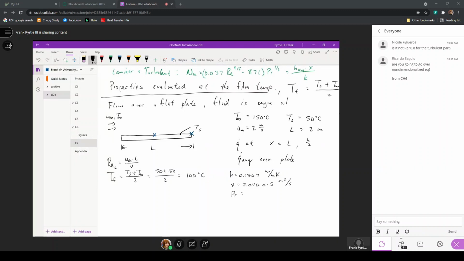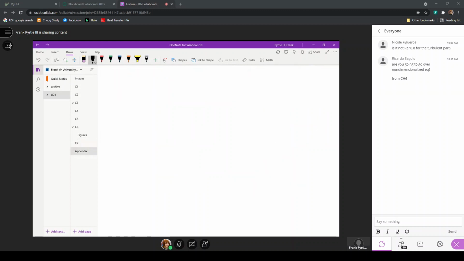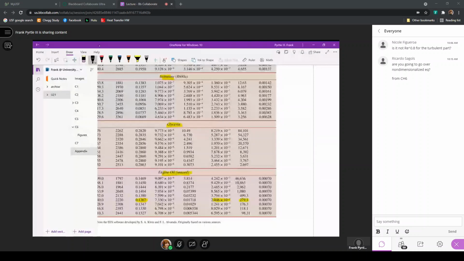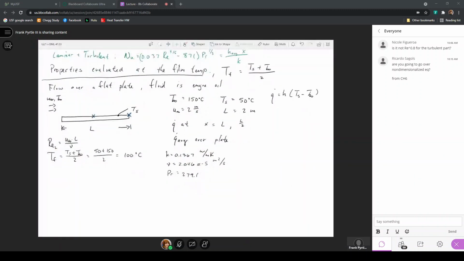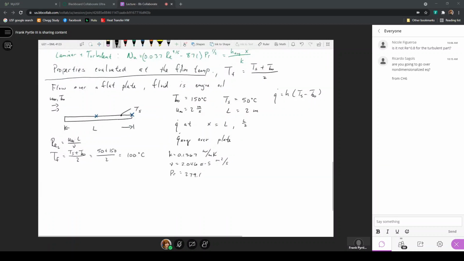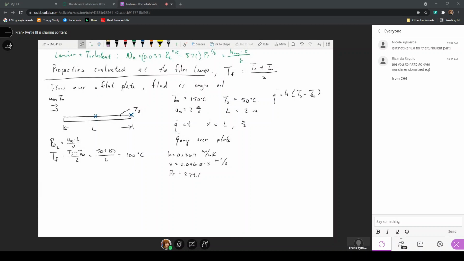And the Prandtl number, which is just the ratio of the kinematic viscosity to the thermal diffusivity, is 279.1. That's a dimensionless quantity. So now we have the properties that we need for the calculations to determine first what is the condition of the flow.